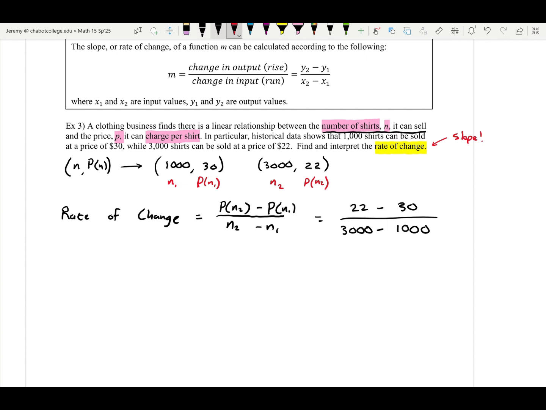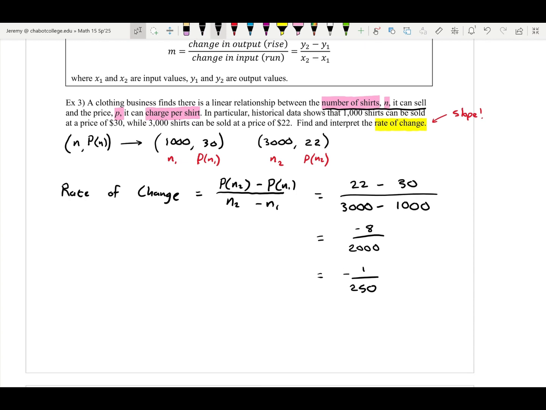Okay, and I can simplify this a little bit, taking that difference. I get -8 in the numerator, and I get 2,000 in the denominator. I can simplify a little bit more. We have a common factor of 8. I can write this as -1 over 250. So that is our slope.